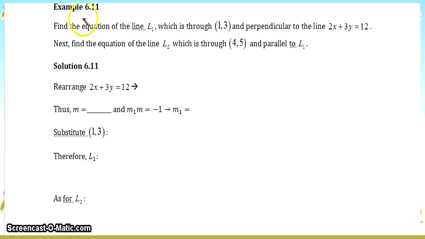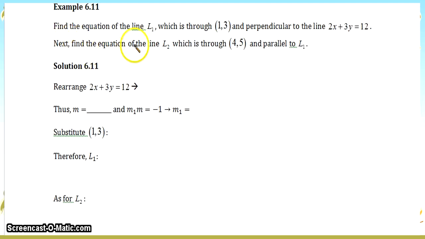Now let's discuss example 6.11. Find the equation of the line L1, which passes through point (1, 3) and is perpendicular to the line 2x + 3y = 12.